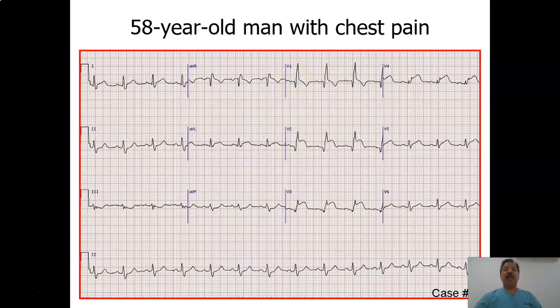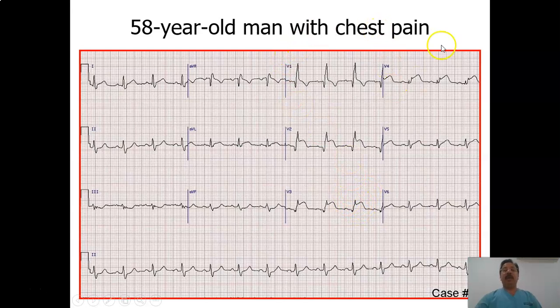Then the ST segment elevation. Yes, there is ST segment elevation in leads II, III, V2, V3, V4, even V5 as well, and doubtful in I and aVL. Anything else interesting on this ECG? All right.